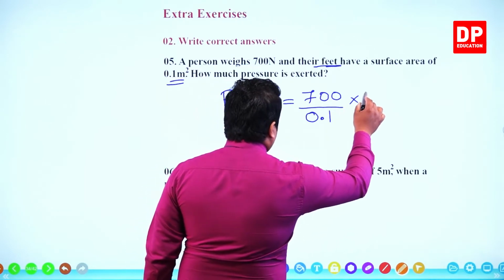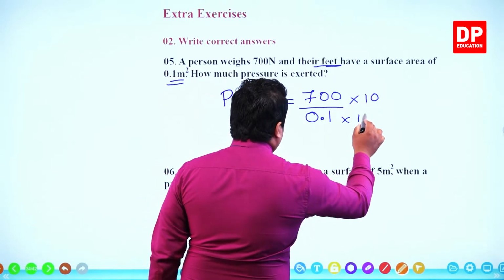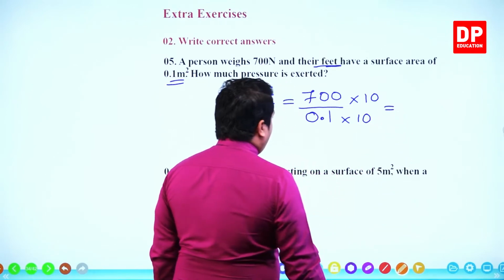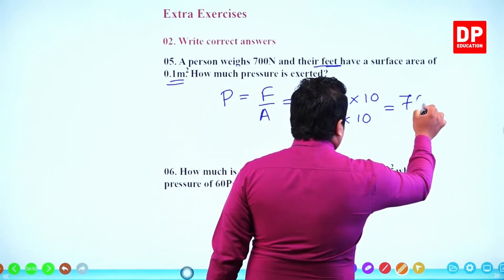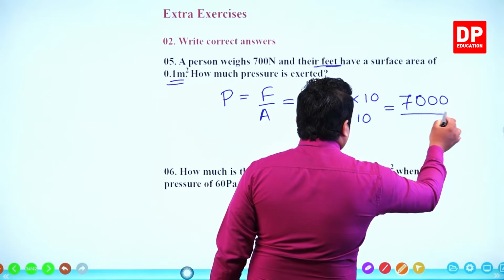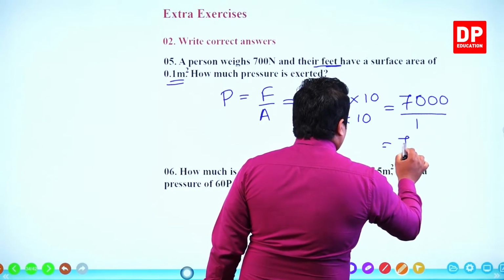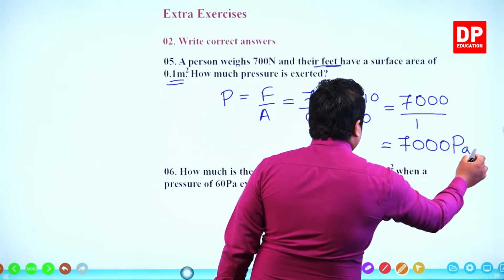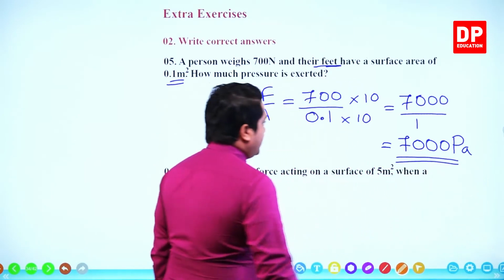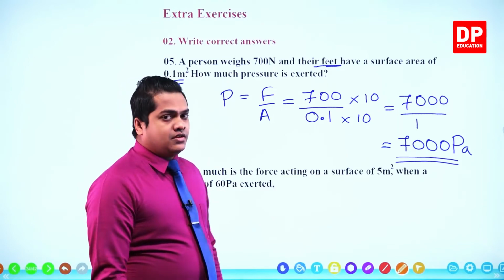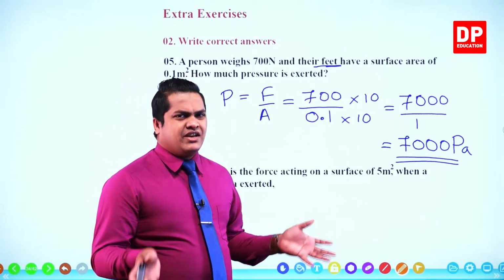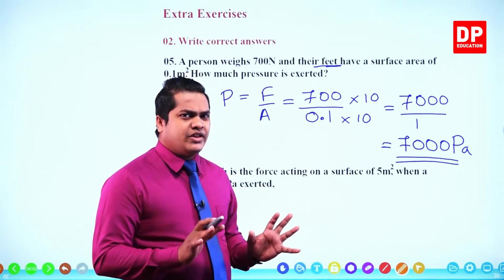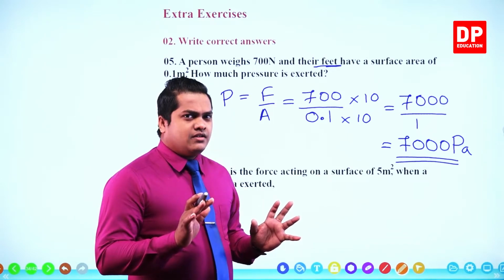So here you need to multiply both the sides by 10 in order to convert into a whole number. So 7,000. So our answer is 7,000 pascals or 7,000 newtons per square meter. How come? Because we substituted it from the fundamental units, right?